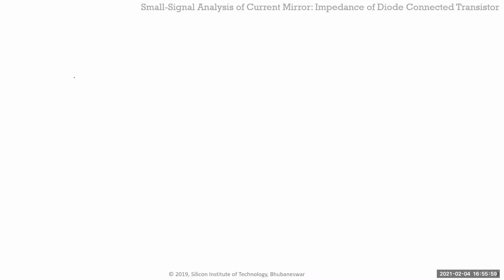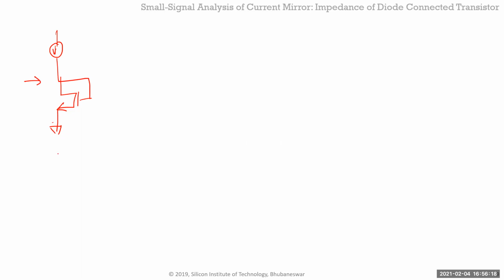Okay. All right. Maybe this one I'll give you as a homework, at 3:30. So find out the small signal impedance of a diode connected transistor. So let's say I biased it at some voltage and I'm looking at this impedance here. Everyone is kind of getting familiar with what I mean by impedance, right?